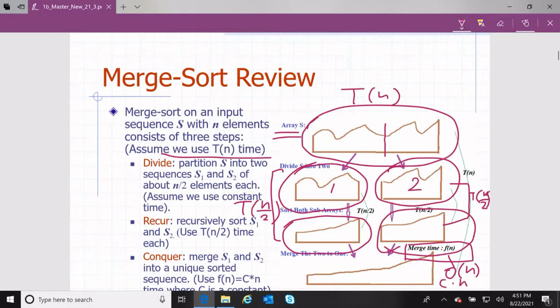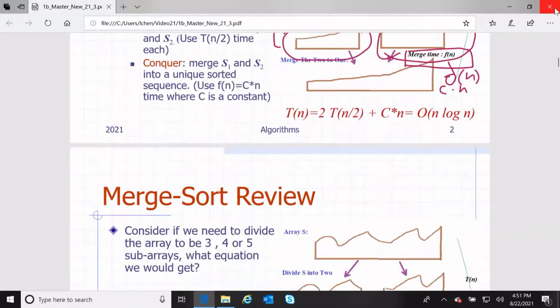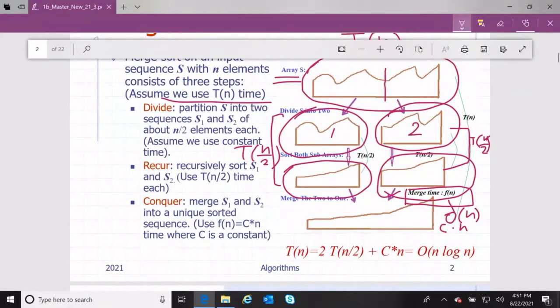Then what can we get? We get this equation. This equation shows us T of n equals 2T(n over 2), because we have two merge sorts for the half of the array.